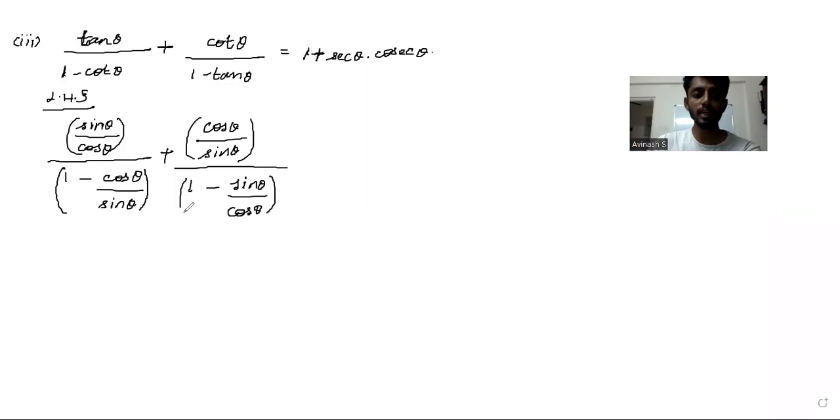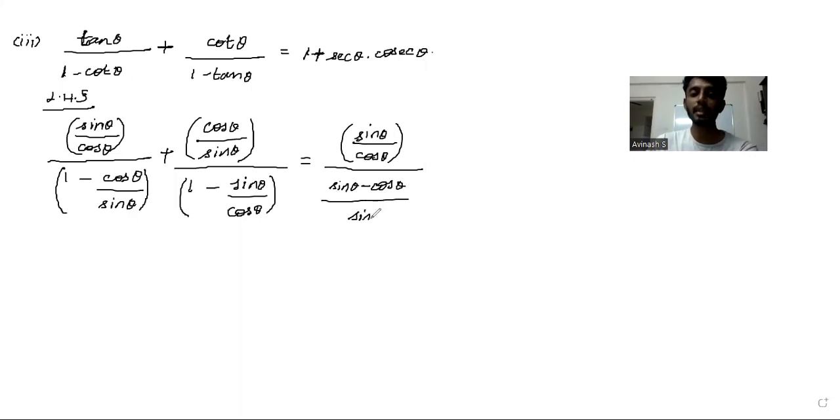So after converting them, the next step is to take LCM in the denominator. So again, I'm not going to change the numerator, which remains sine theta divided by cos theta. And in the denominator, you have sine theta minus cos theta divided by sine theta.